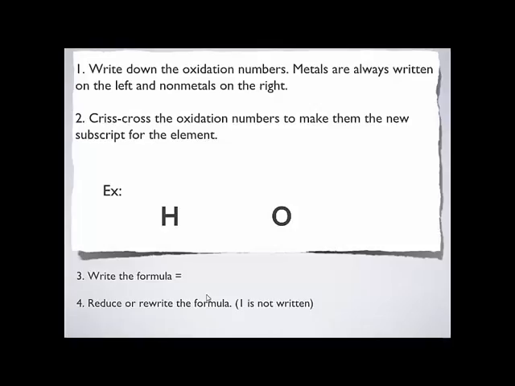To do this, we write the two elements we are interested in, how they're combining. We're going to talk about metals and nonmetals a little later. We write the metals on the left, the nonmetals on the right. Then we write the oxidation number above them. So hydrogen's +1, oxygen's -2. And then we just crisscross them. We take the 1 and bring it down to go with the oxygen.